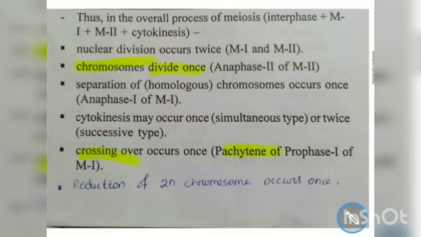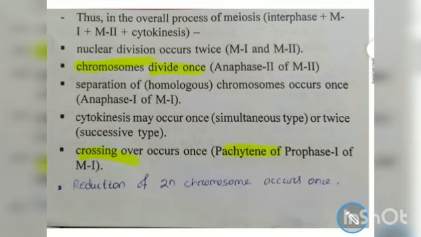Again, the cytokinesis may occur once when the cell undergoes the simultaneous type of cytokinesis, and it may occur twice when it undergoes the successive type of cytokinesis. Then the crossing over occurs only once. When? At the pachytene stage of prophase 1 of meiosis I. You can see that diagram.